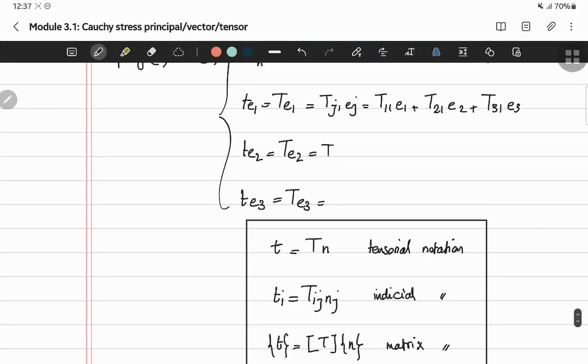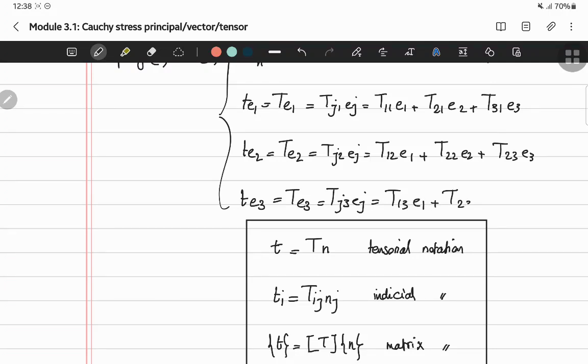This was Te2, Tj2 ej, which was equal to T12 e1 plus T22 e2 plus T32 e3. And then we had Te3, which is Tj3 ej, equal to T13 e1 plus T23 e2 plus T33 e3.